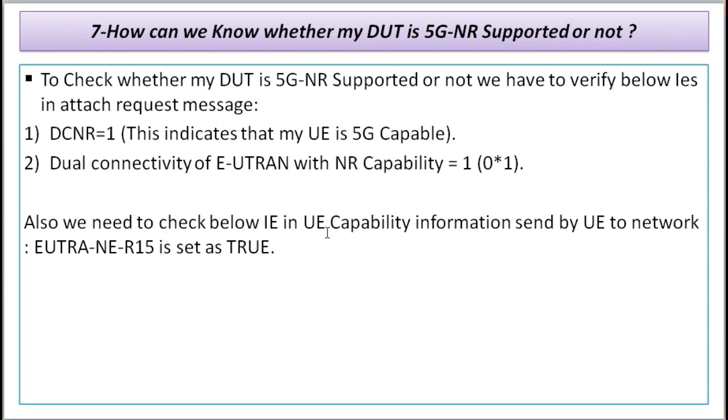The second point is dual connectivity with NR capability for E-UTRAN equal to 1. We also need to check the IEs below in the UE capability information sent by the UE to the network, that is, EUTRA-NR release 15 is set as true.